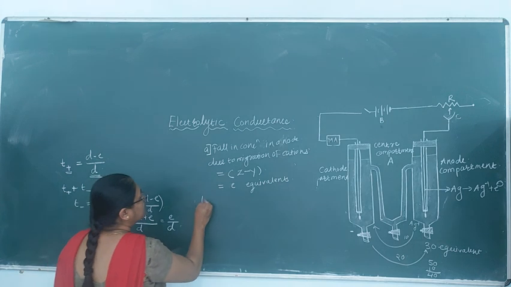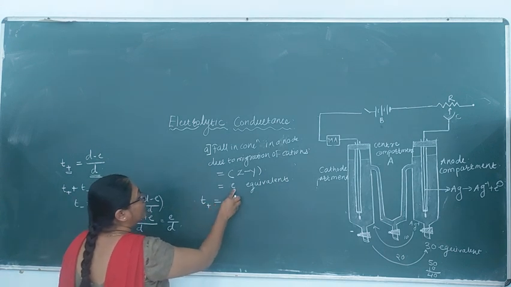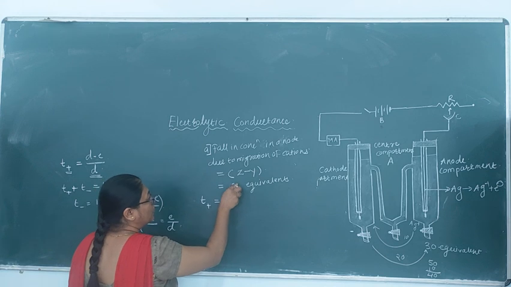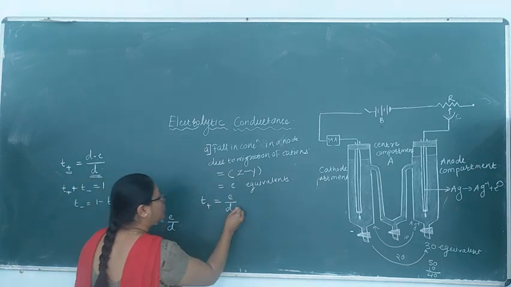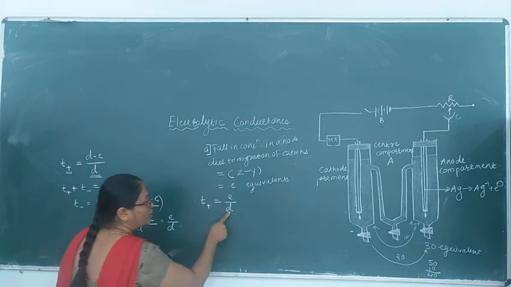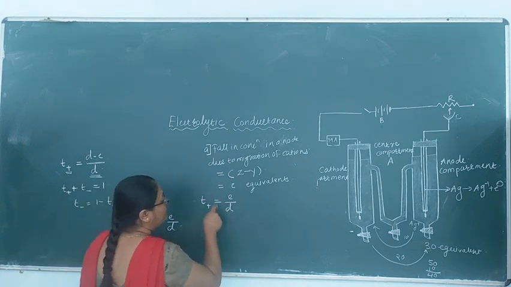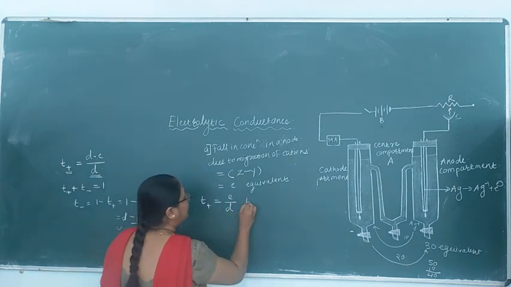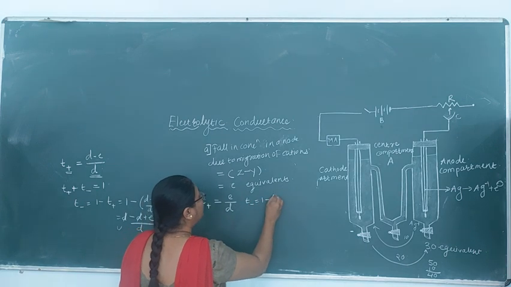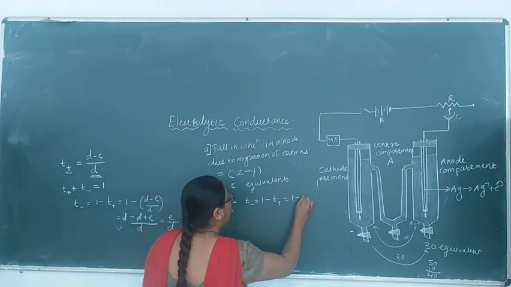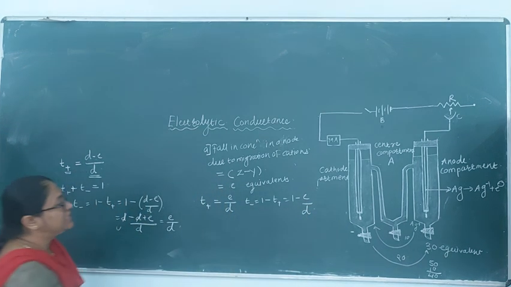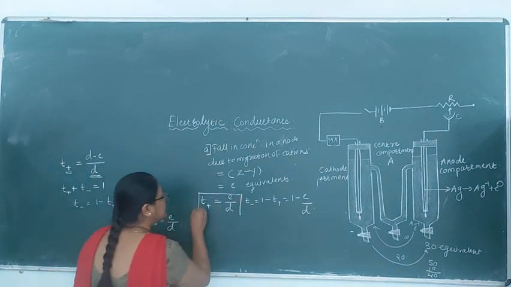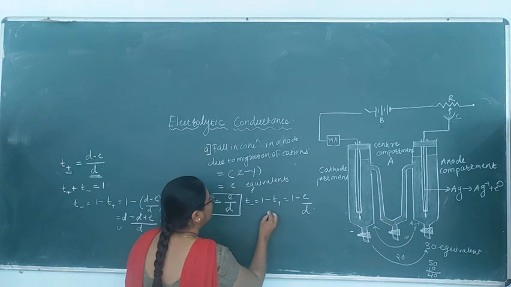Alright, therefore here simply E plus will be equal to, this is the equivalence carried by the cations or due to the migration of cations, therefore E divided by the total equivalence carried of the cation as well as anion, therefore T plus is equal to E divided by D and T minus is equal to 1 minus T plus, that means 1 minus E divided by D. So this is what is the T plus and T minus in case of non-attackable electrodes.